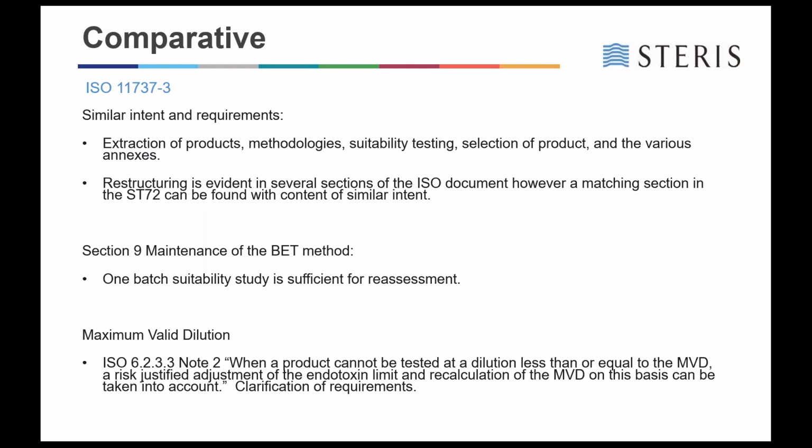And then also a recalculation of the MVD and the endotoxin limit would be something that you would want to take a look at in a little bit more detail to make sure that the justification is there for that exceeding of the MVD.